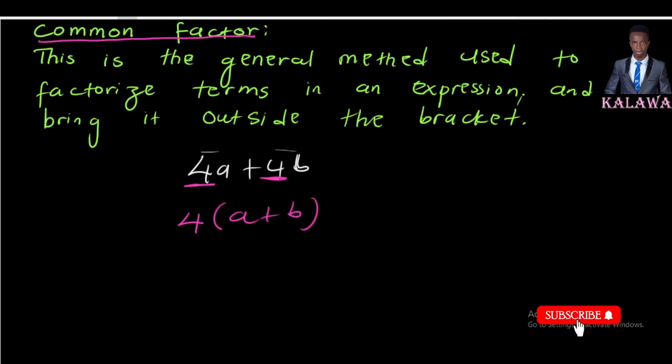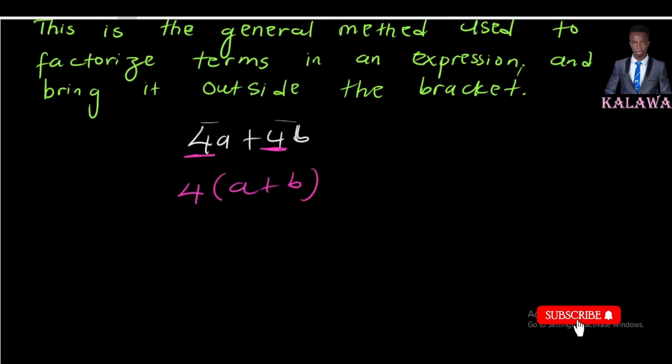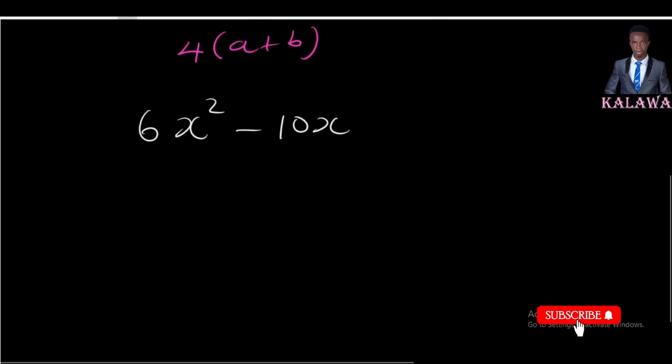Another example: let's say we have 6x squared minus 10x, and they ask you to factorize this again. Remember, in factorization, one of the methods we use is the common factor.